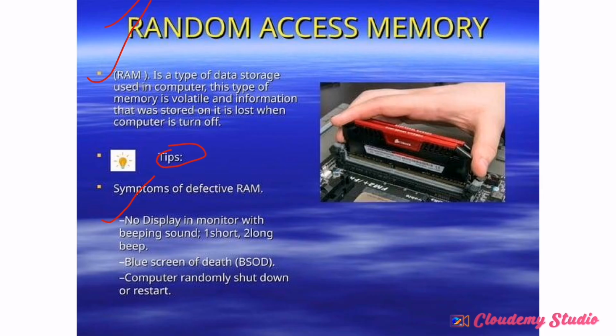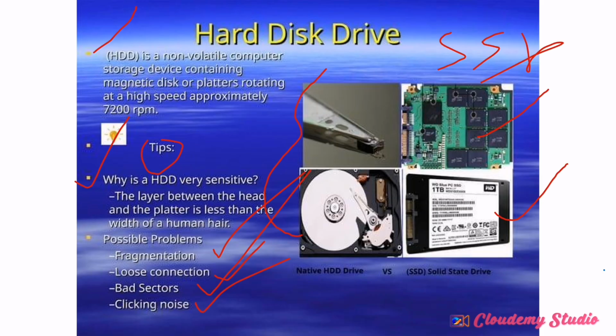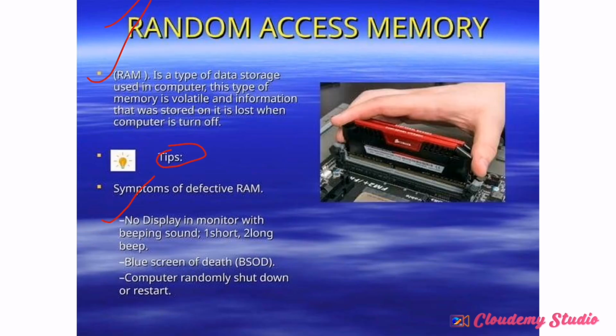For those of you who are much interested in computer repair, these are the things you should understand when it comes to the RAM. On the hard drive, it is what I've marked here: fragmentation, loose connection, bad sectors, cracking noise. All this is a sign that the hard drive has a problem.